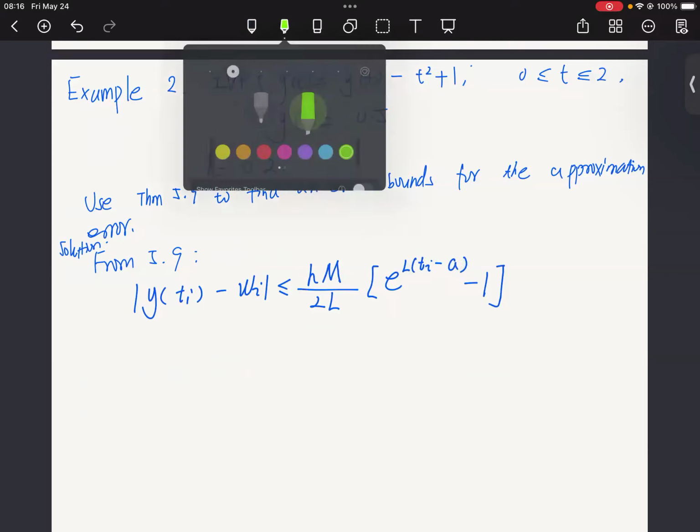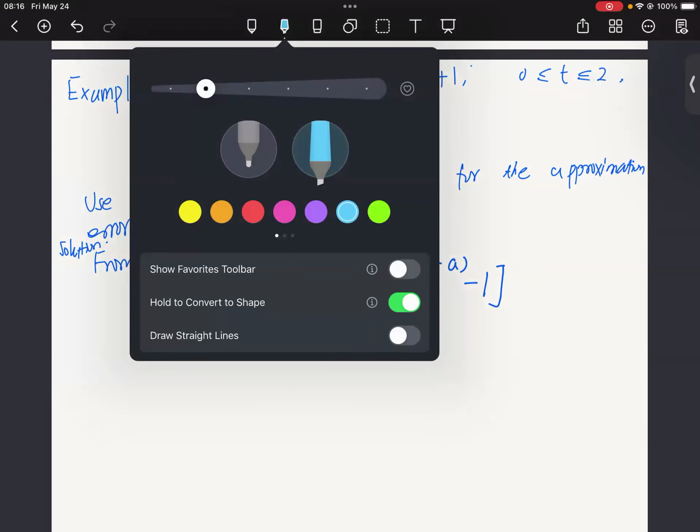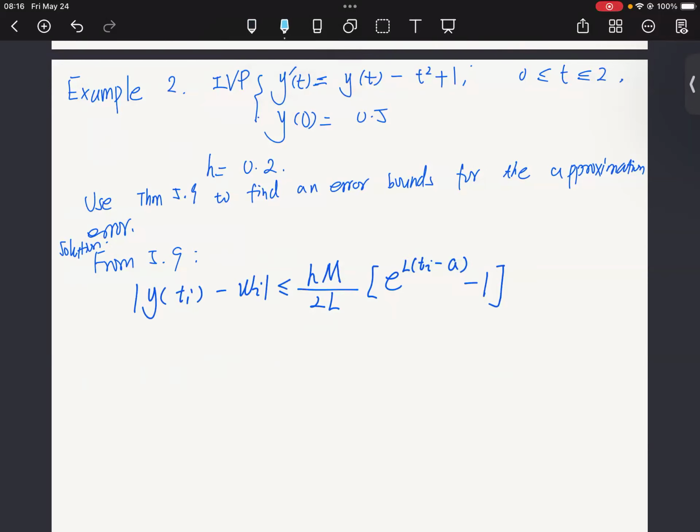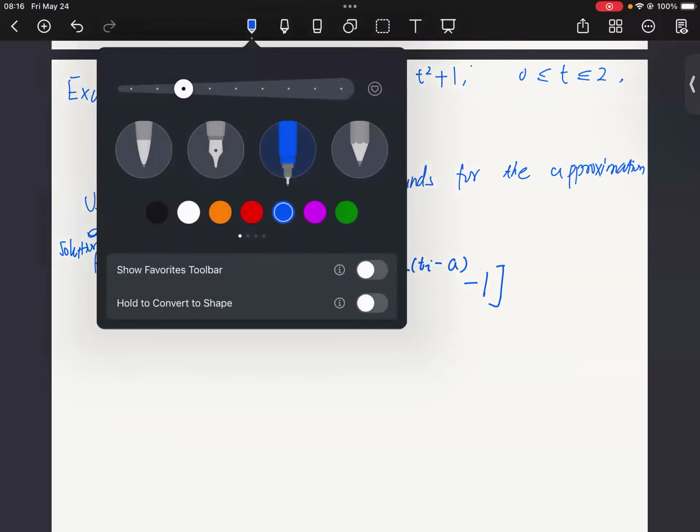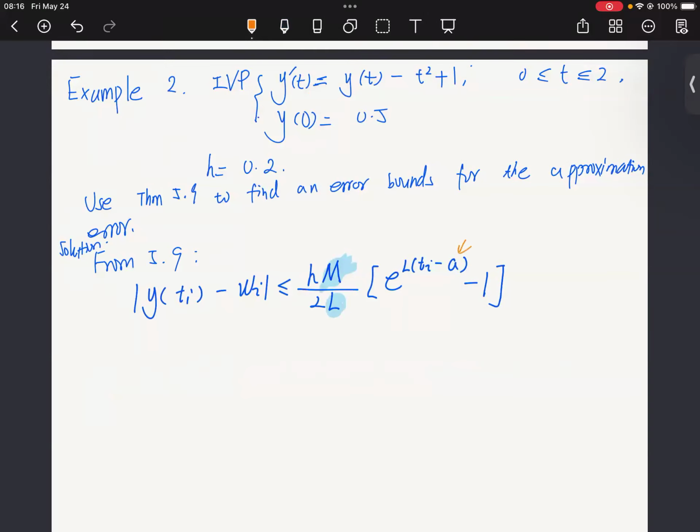We already have the step size h is 0.2. We don't know the M and L numbers, and this is what we want to figure out. And A is just 0. This is the left endpoint of the interval, and A equals 0 here.